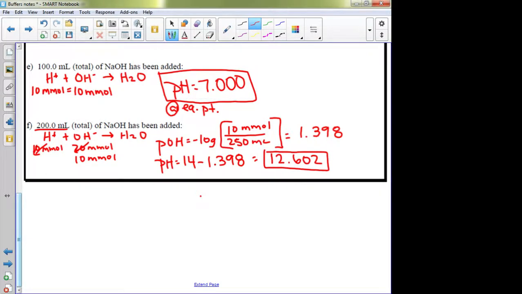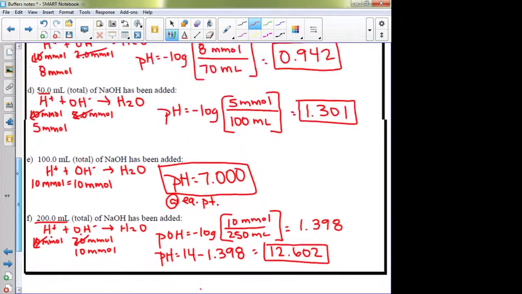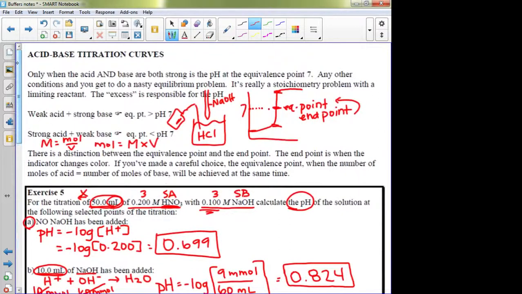Does that make sense? Yes. Because at this point I have more hydroxide than H plus, so my pH should be above what? Above 7, because it should be basic. This makes sense. Does this make sense? You see this? We're not worried about this? So this is your first titration. Okay. Now, your second titration.